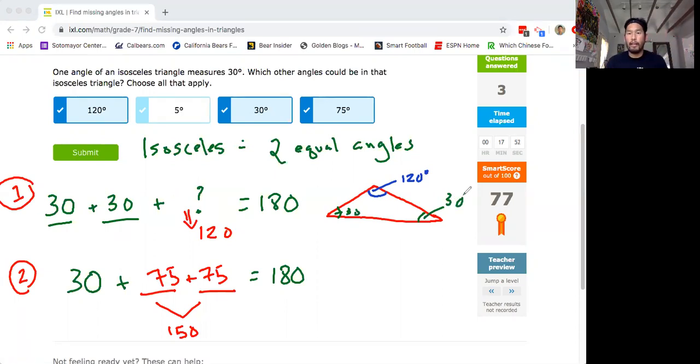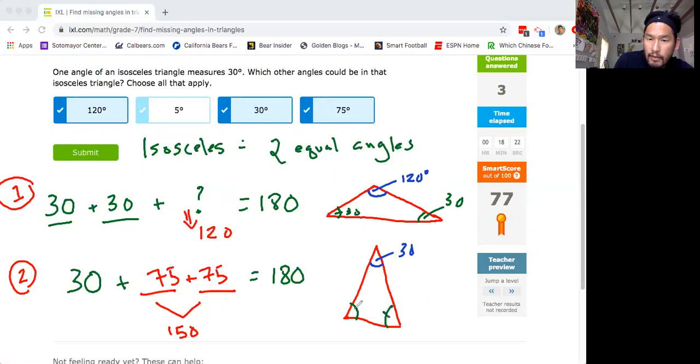Okay, so those are your two equal angles. Or it could look like the one on the bottom, which is a tiny 30-degree angle, like this, where 30 degrees is by itself at the top, and at the bottom, you've got two 75-degree angles. These are two ways it could look.